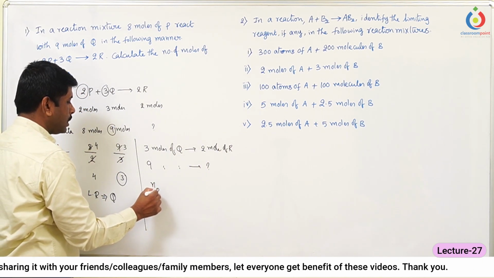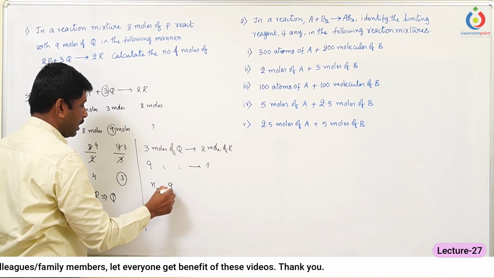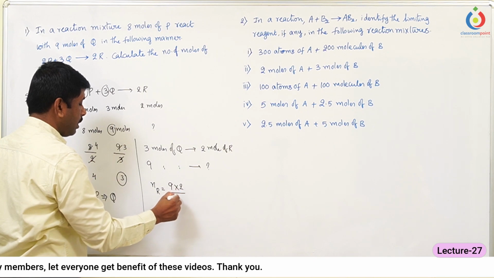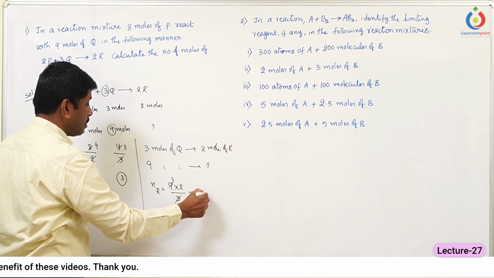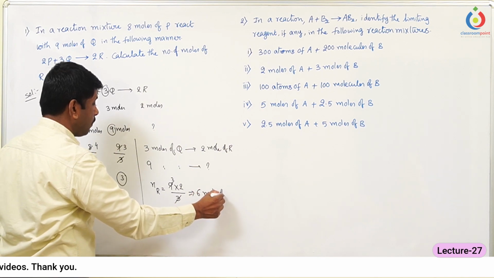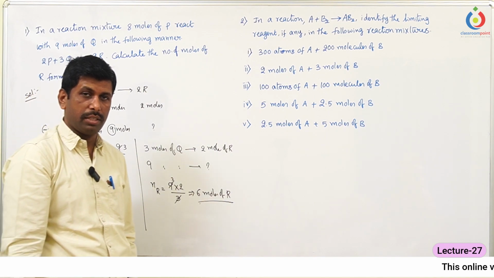Just do the cross multiplication: 9 into 2 divided by 3. So this value equals 6 moles of R produced in this reaction.